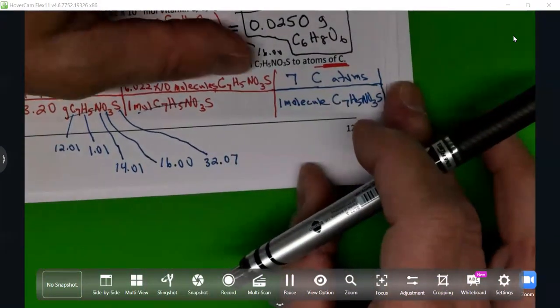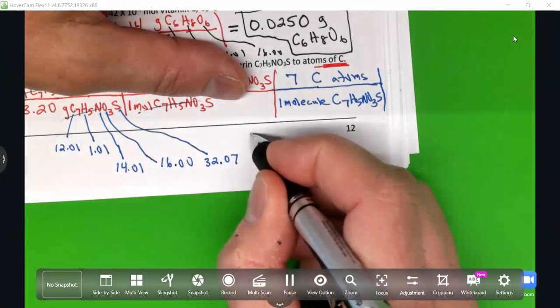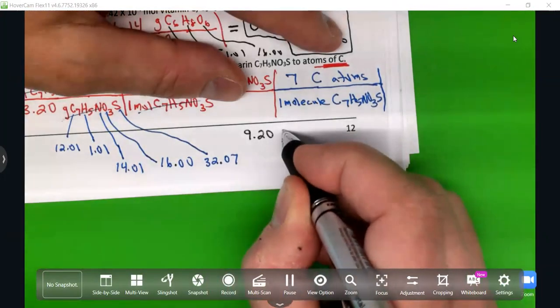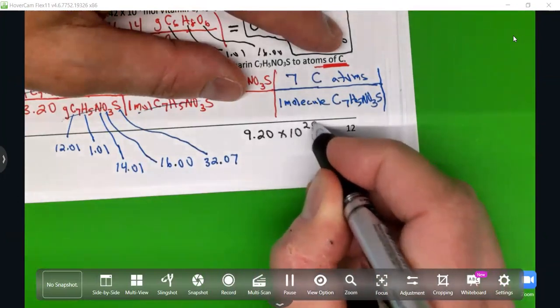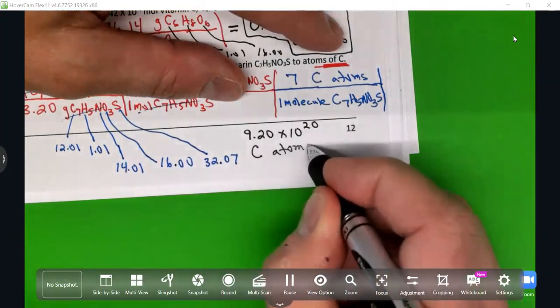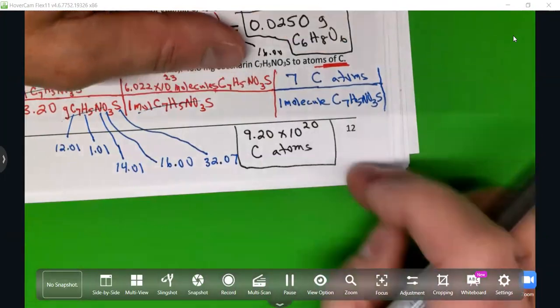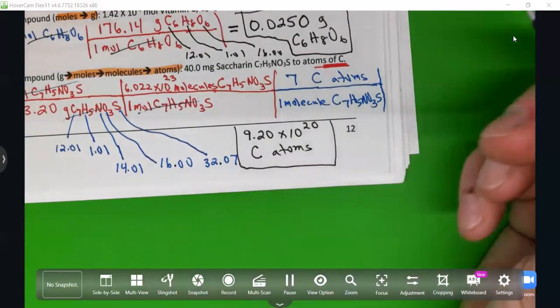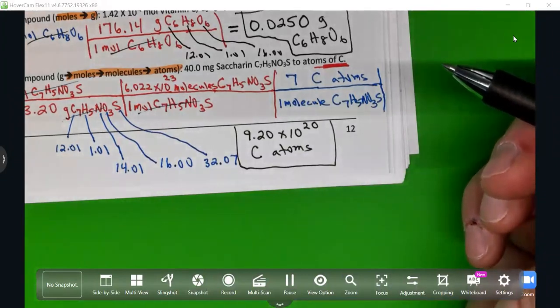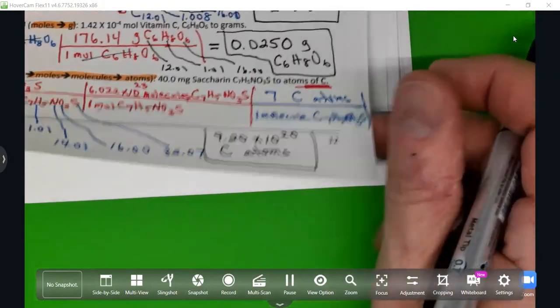Then we get 3 sig figs. 9.20 times 10 to the 20th carbon atoms. All right, let's go to the next page.